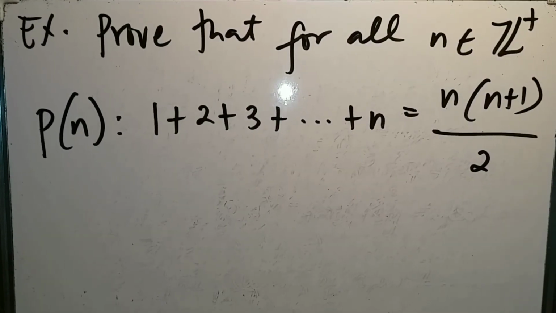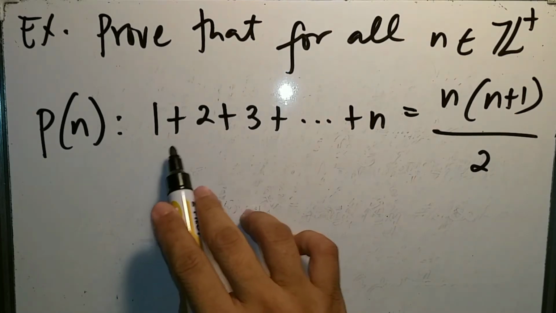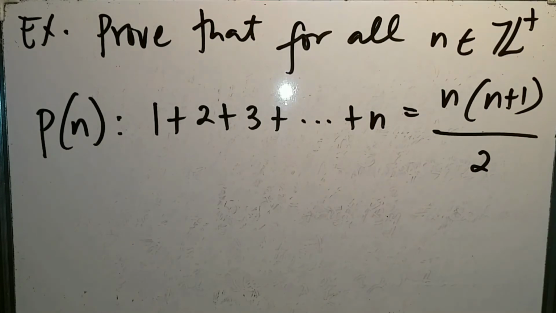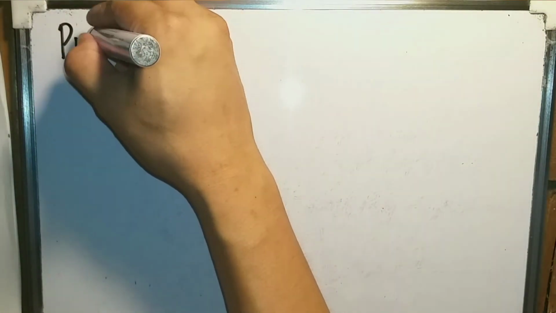So for example, let us prove that for all n elements of the positive integers, the sum 1 plus 2 plus 3 plus up to n is equal to n times n plus 1 all over 2. Okay, so let's have the proof.